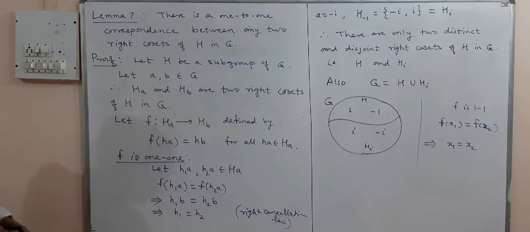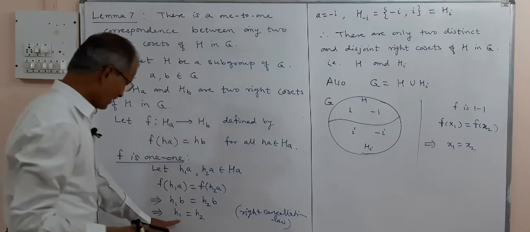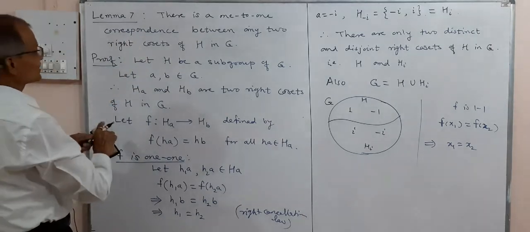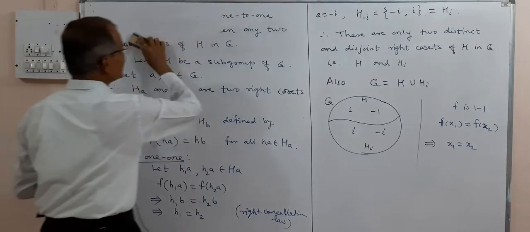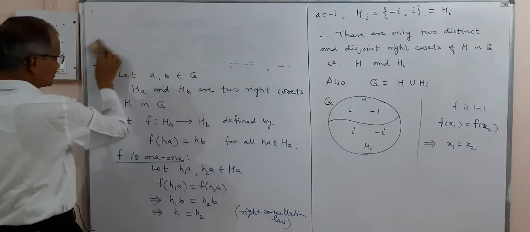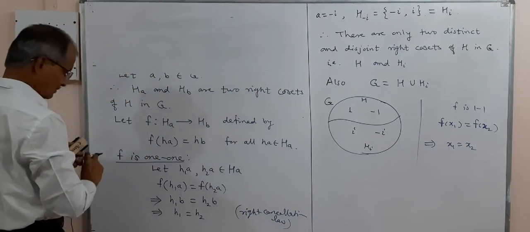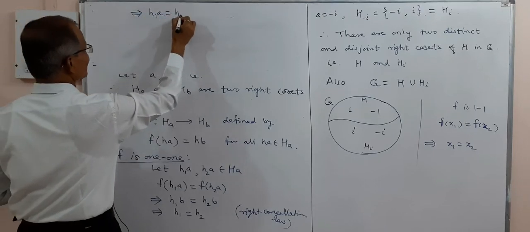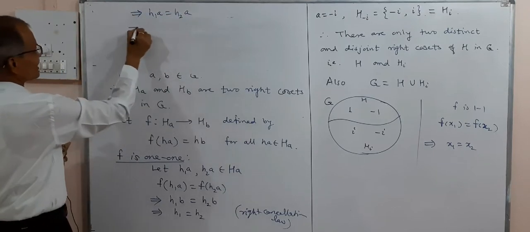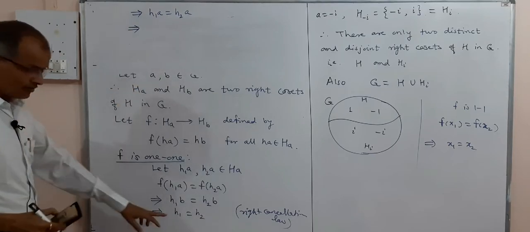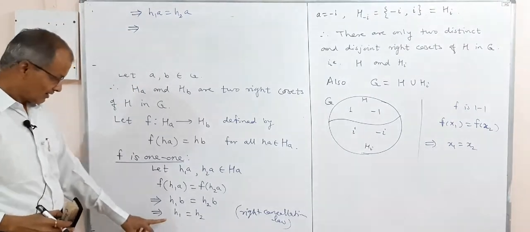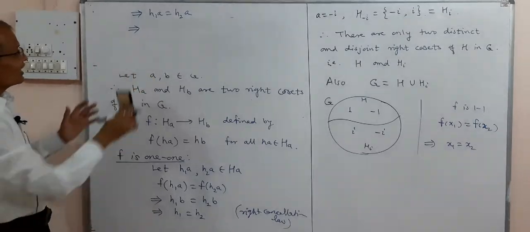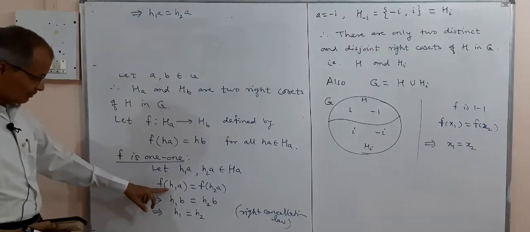And thus if h1 is equal to h2, we may multiply both sides by a, and this implies h1a is equal to h2a. So h1a is equal to h2a, and that proves f is 1-1.